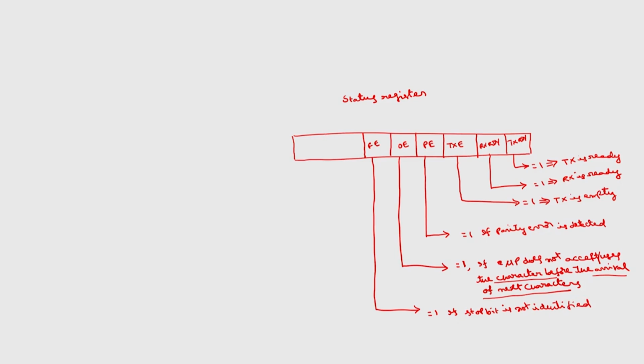Then we have sync detector. This bit is equal to 1 if a sync pulse is detected.